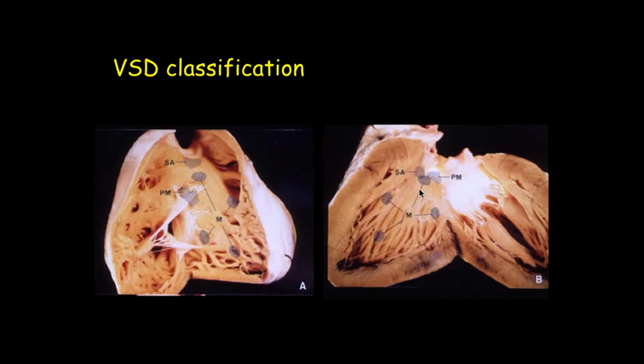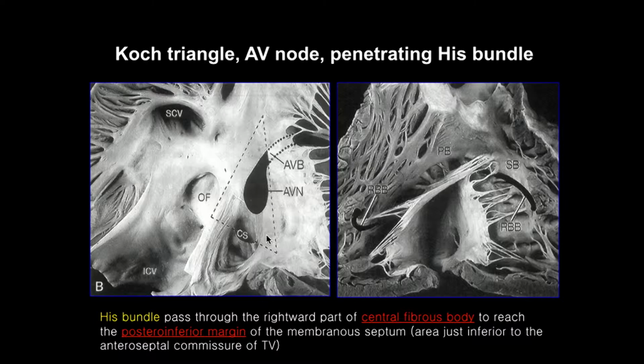On the left ventricular side, here is the PM-VSD. This is the right side, opened, showing the interatrial septum, the tricuspid valve, and the coronary sinus. As you all know, this is the triangle of Koch. Inside the triangle of Koch, the AV node is located, and it goes like this and divides into the right bundle branch.